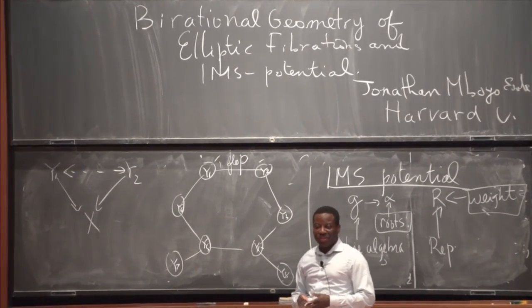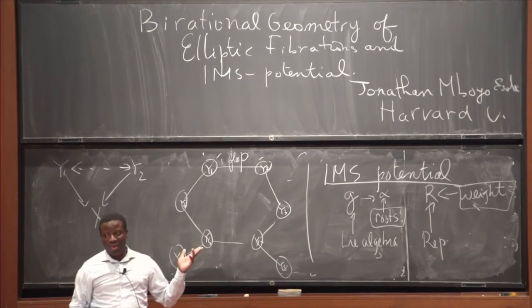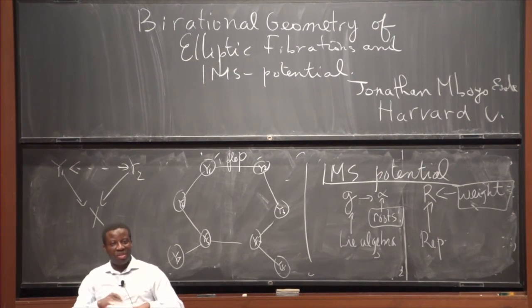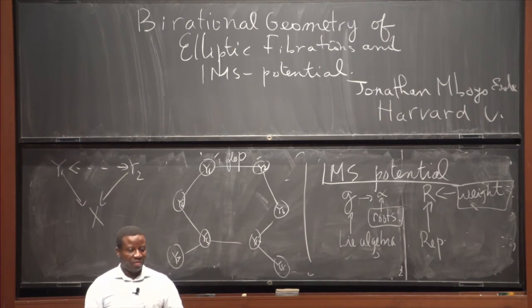And what the potential does, it gives you a cubic function that depends on this variable, but then the function is not actually continuous everywhere. It has singularity over some hyperplane.